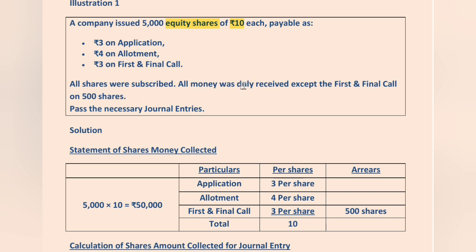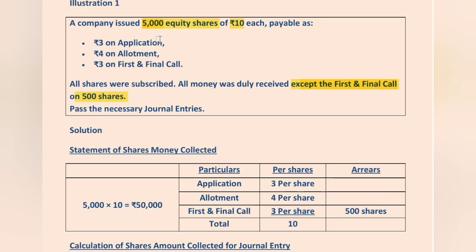money was duly received except first and final call money on 500 shares. So this is a new entry. Except first and final call money on 500 shares. That means totally they have issued 5,000 shares.